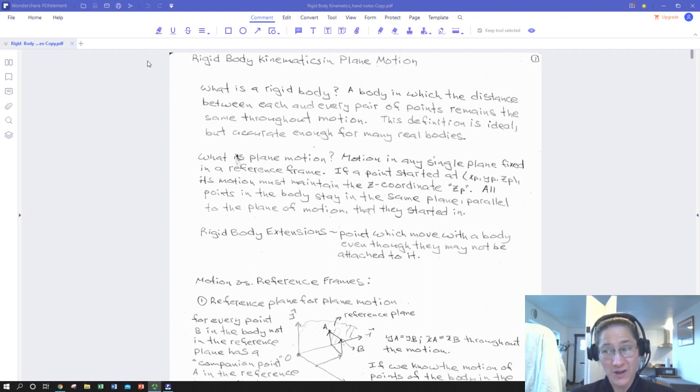We will be very much relying on the fact that a body is rigid and that our points will be moving in a certain manner relative to one another, and we'll be basing a lot of our relationships on that fact. So to kick that off, since rigid bodies are so important for this next section, what is a rigid body?